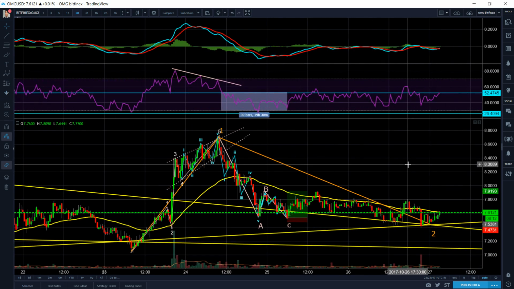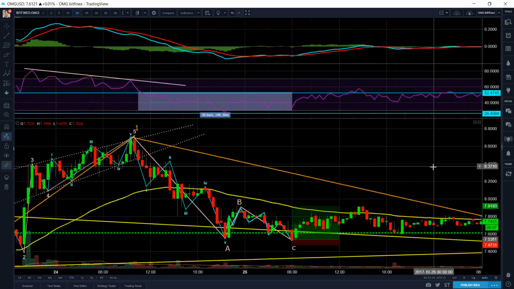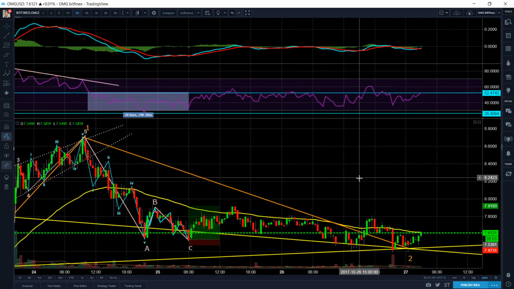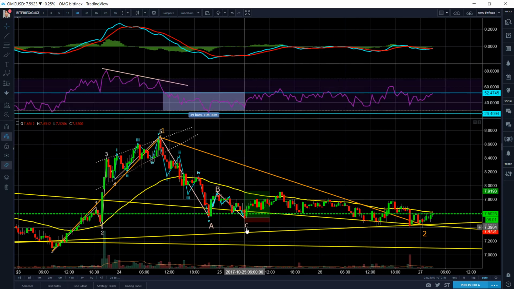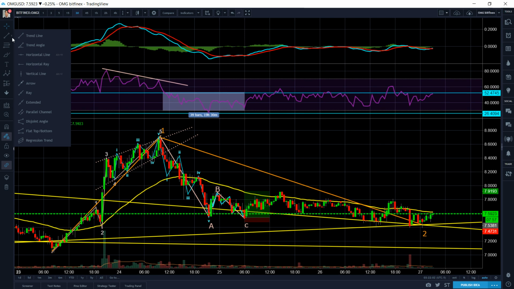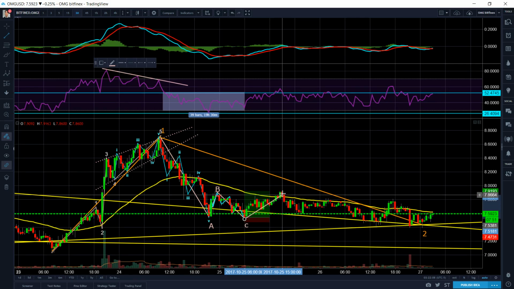Cool. So now we've got this hot mess here, right? Where do we go from here? Well, it's basically making a triple extended wave with a W, X, and Y correction. So we're going to draw in even more waves here to try to figure out this hot mess.